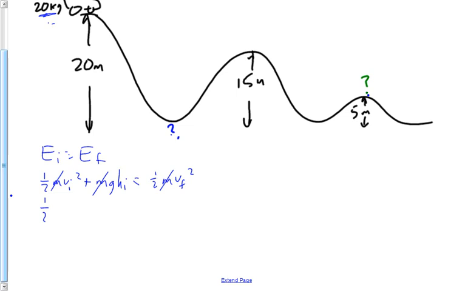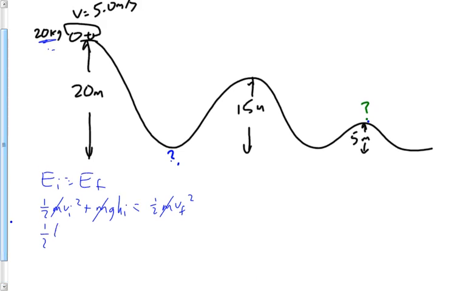1/2 of, we're moving at 5 meters per second to start off. We're going to make the g positive because it's energy here. hi is 20 meters. We solve for vf there. 1/2 of 5 squared is 12.5. 9.81 times 20 is 196.2. 208.7 times 2 is 417.4.